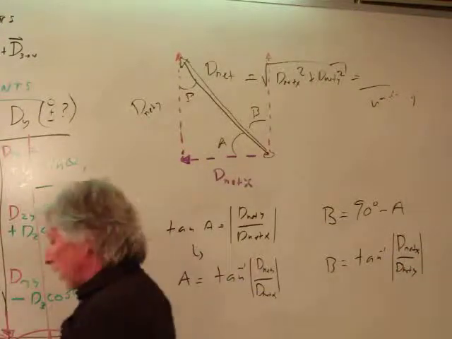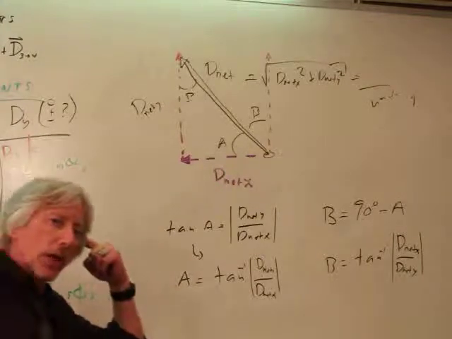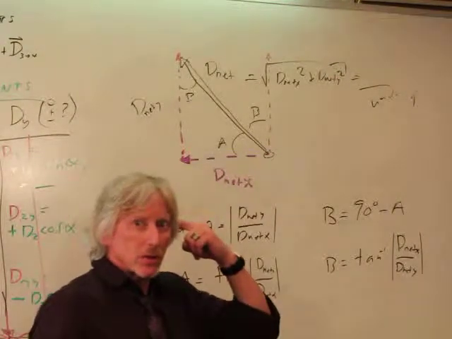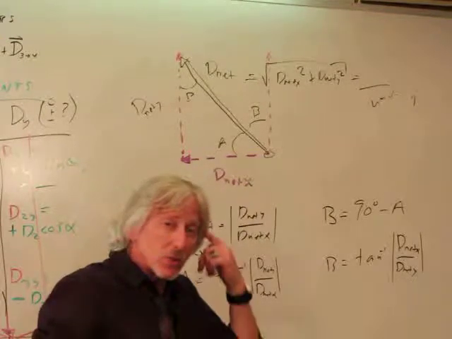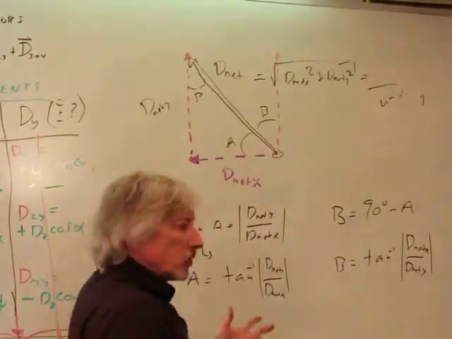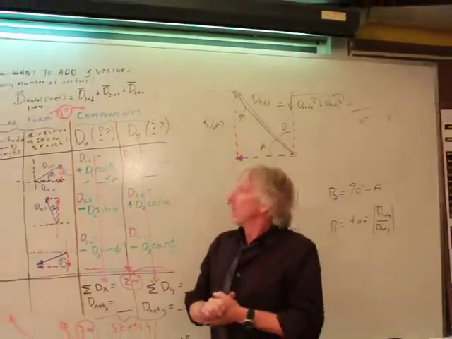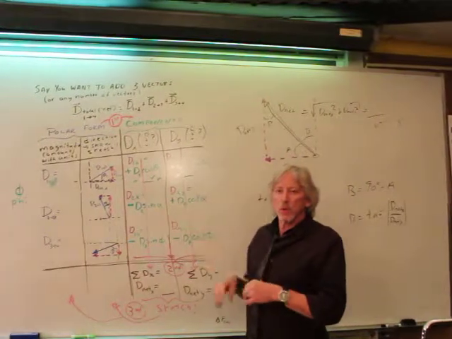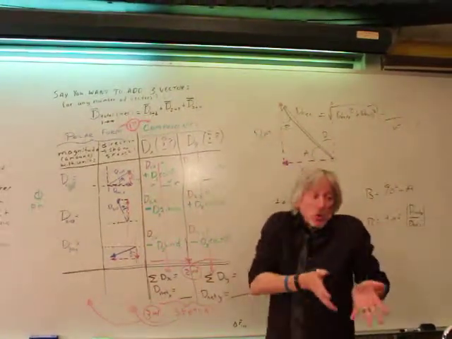I hope what you see is that the picture will guide your thinking. You won't be just stuck in your head, because you're going to make a mistake. There's too many puzzle pieces. You can't solve a puzzle without moving the pieces around. You can't just do it in your head. If you do this, it's doing everything we've done one by one. You take each vector, break it into the parts. Now you add up all the x parts, and that's the total x.